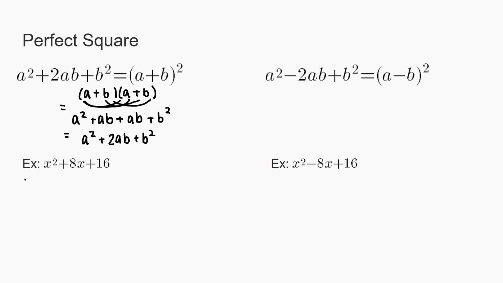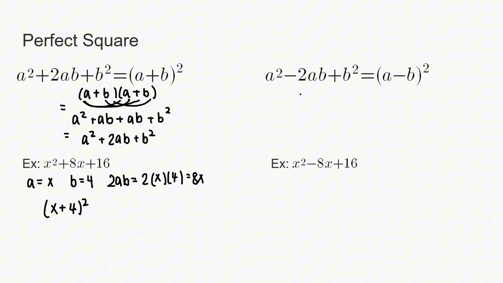On this side, we have a is equal to x, b is equal to 4, and 2ab is equal to 2 times x times 4, which is equal to 8x. So we know that this is x plus 4 squared.